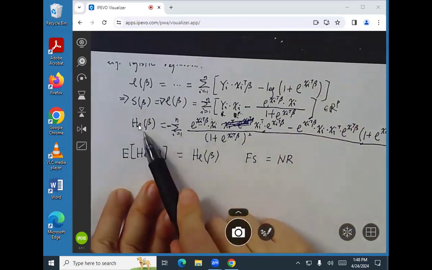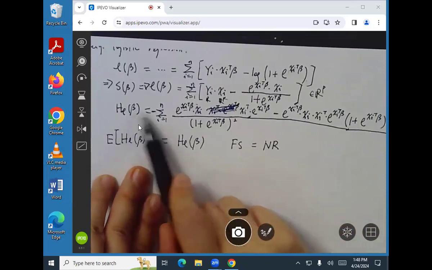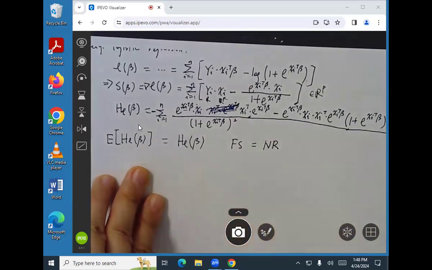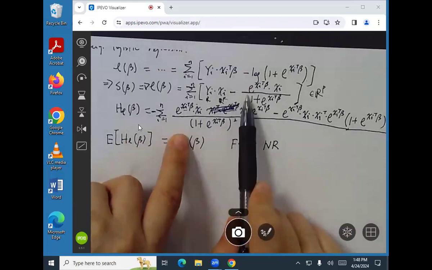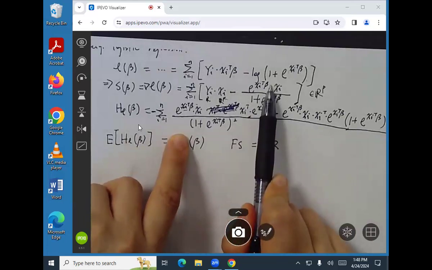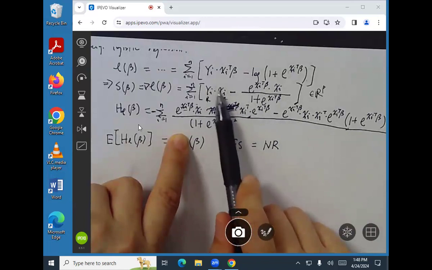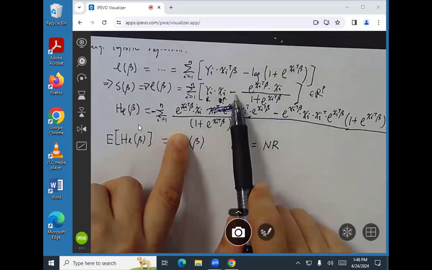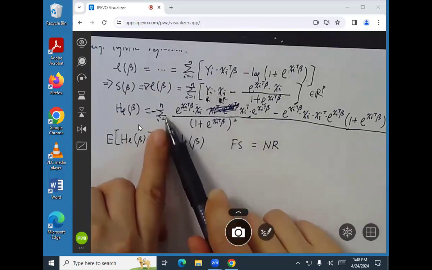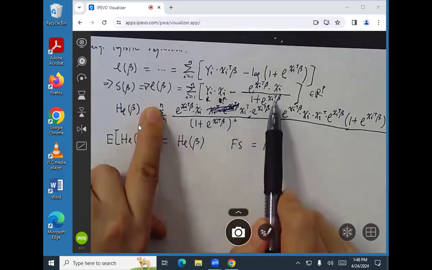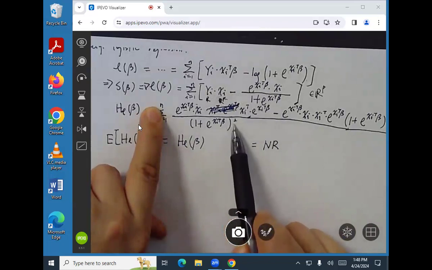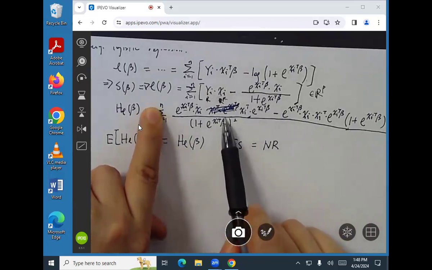And then we take the Hessian once more. When we take the Hessian, we take the derivative with respect to beta one more time. The first term is gone since it no longer involves beta. And then the negative sign comes to the front. It's over here. And we square the denominator, so we get a square. Then we use that calculus again.